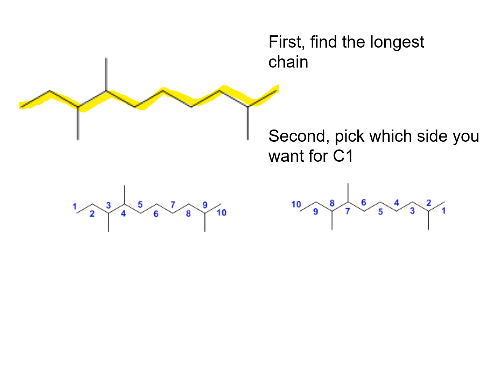The proper way to pick that is to look at which of the two would have the smallest number at the first branch. In this case, the first branch would be encountered right at carbon number 2, while here the first branch would be encountered at carbon number 3. So I'm going for the option on the right.